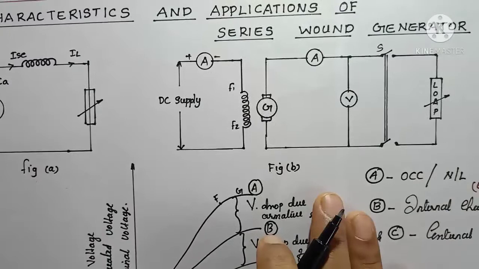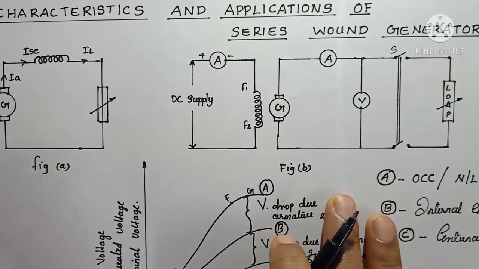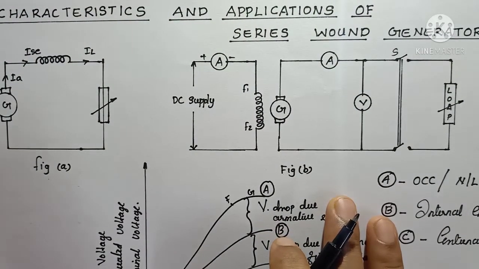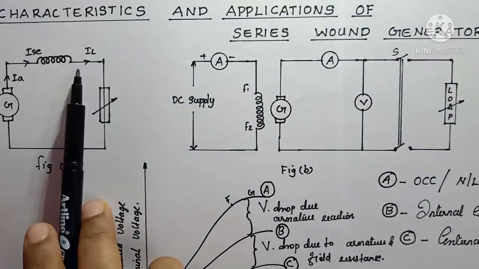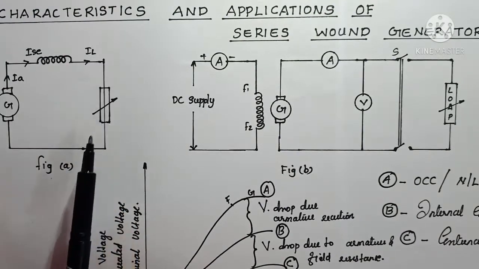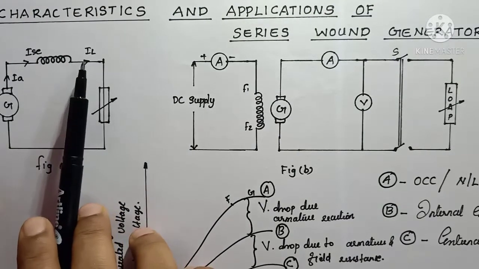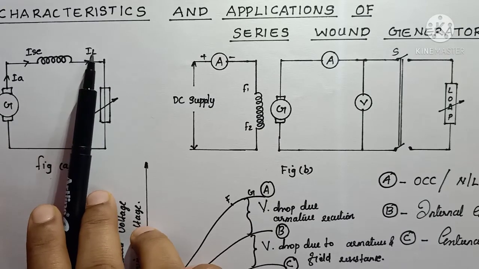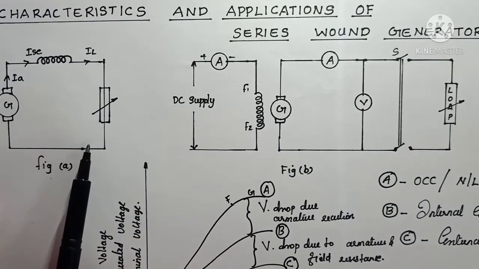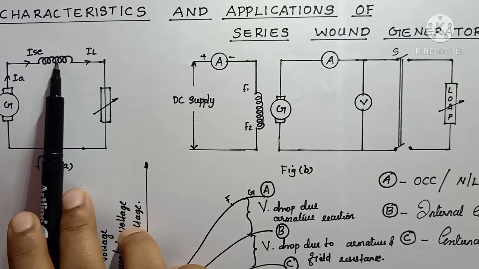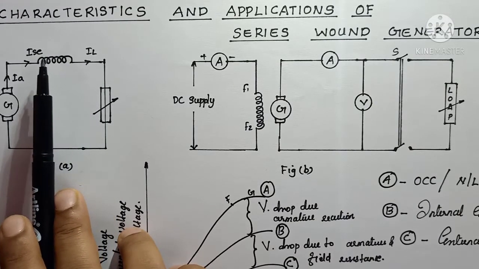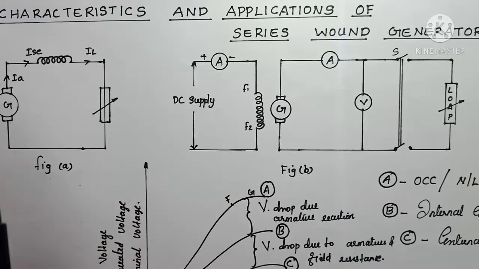In this characteristic, no load means the load portion will be absent, meaning IL equals 0. If it is open, then what will happen? If IL equals 0, then IA will be 0. So practically it is not possible to plot the open circuit characteristics of a series wound generator.